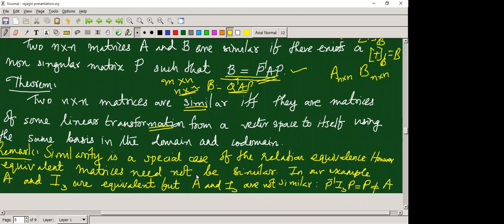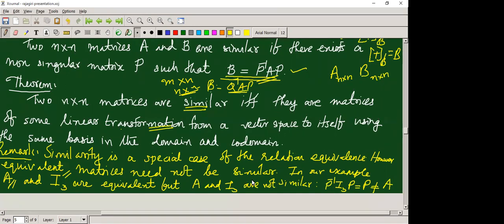Equivalent matrices need not be similar, not just because they are not of equal dimension, even though the dimensions are equal. In our example, A and I3, the previous example we have seen just two slides before, you have taken a matrix A and we have shown that it is a non-singular matrix. Any non-singular matrix is actually equivalent to I3, but A and I3 are not similar. Why?